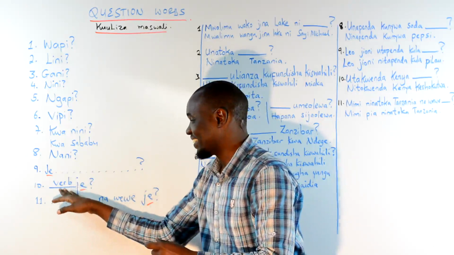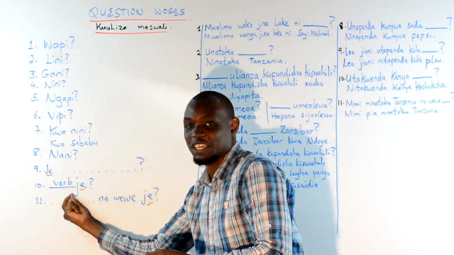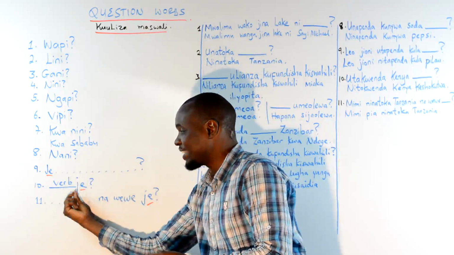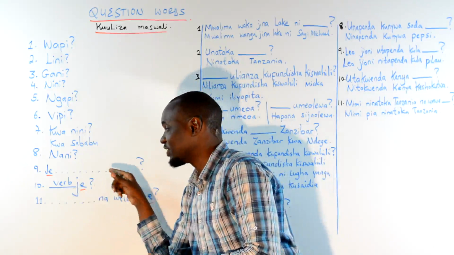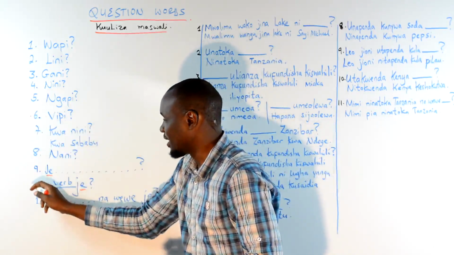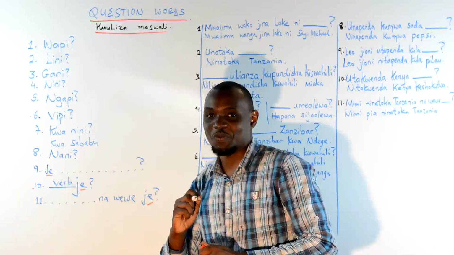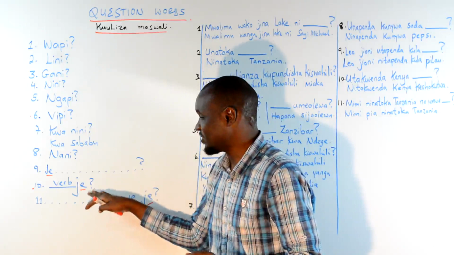Also we have the verb attached with this J. When there is a verb and the J is attached with that verb, that J means how, just like vipi. You can either use this J or vipi.